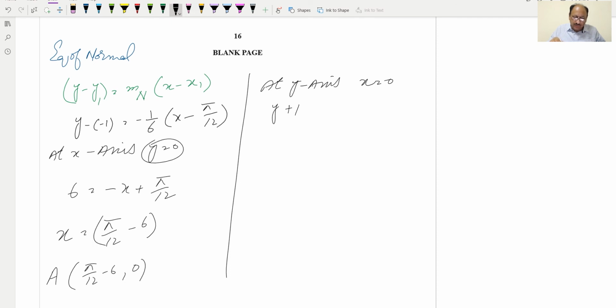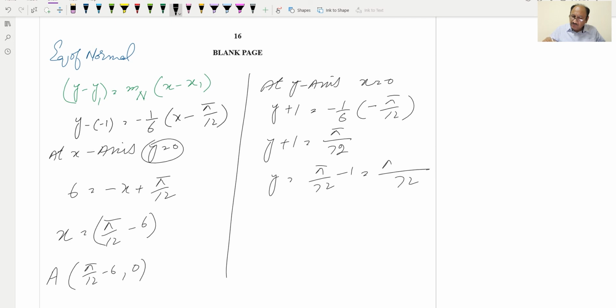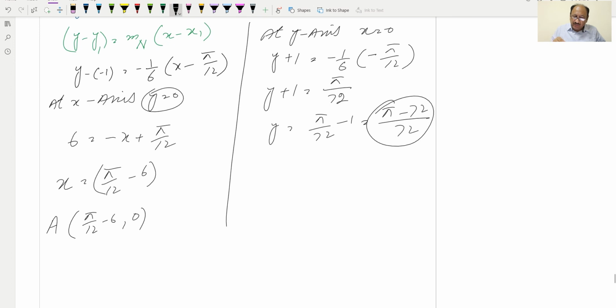So y plus 1 is equal to minus 1 over 6 into minus pi by 12, so y plus 1 is equal to plus pi by 72, and y is equal to pi by 72 minus 1, which we can write as pi minus 72 over 72. This will be our y value, and the B point will be 0 and pi minus 72 over 72.